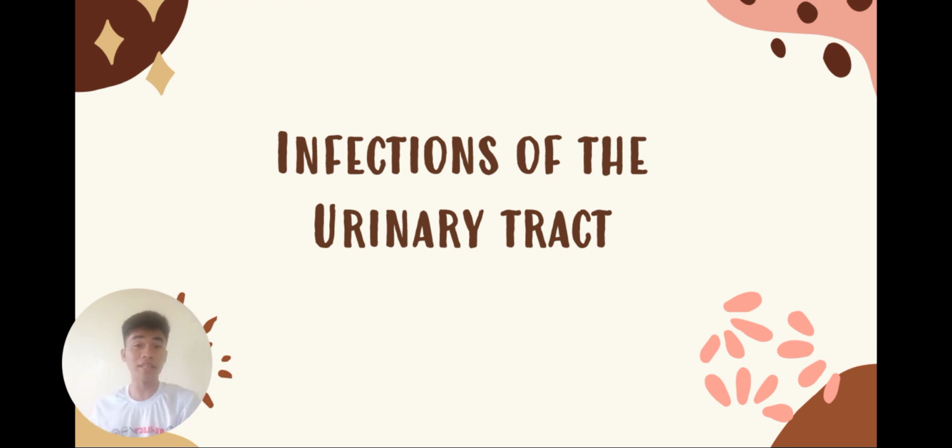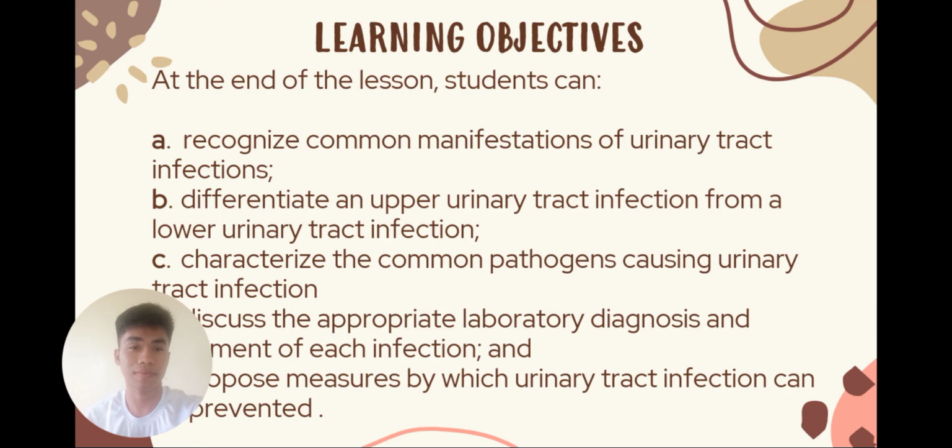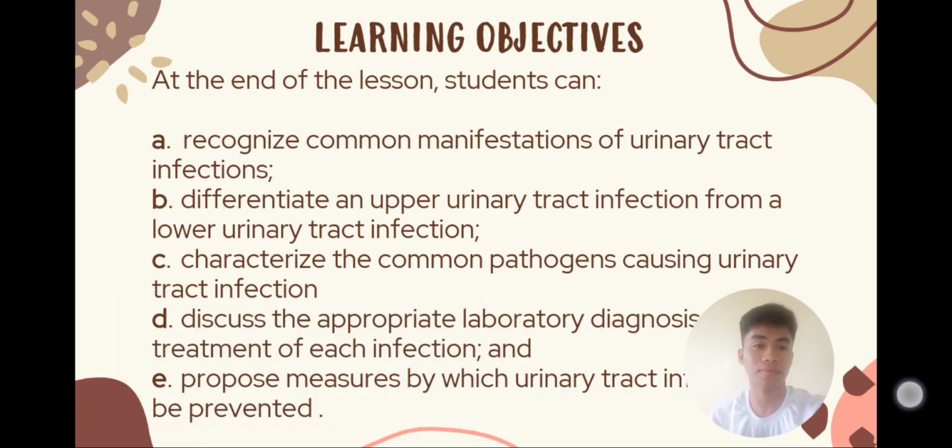Before anything else, let me present to you our learning objectives. At the end of the lesson, students can: A. Recognize common manifestations of urinary tract infections. B. Differentiate an upper urinary tract infection from a lower urinary tract infection.